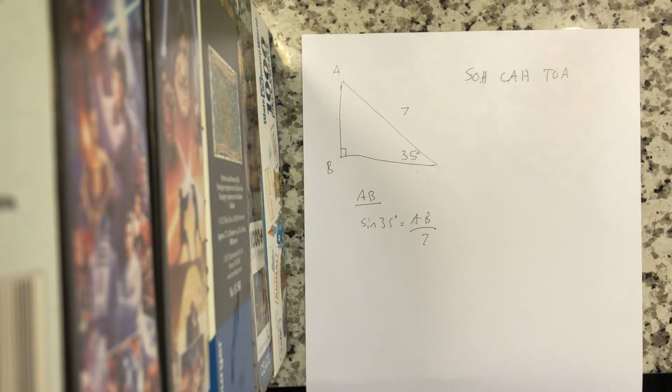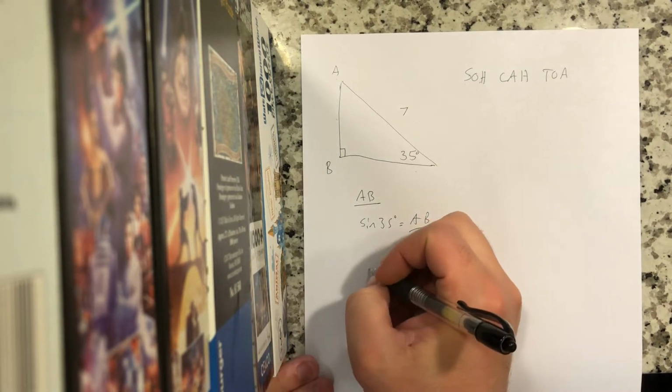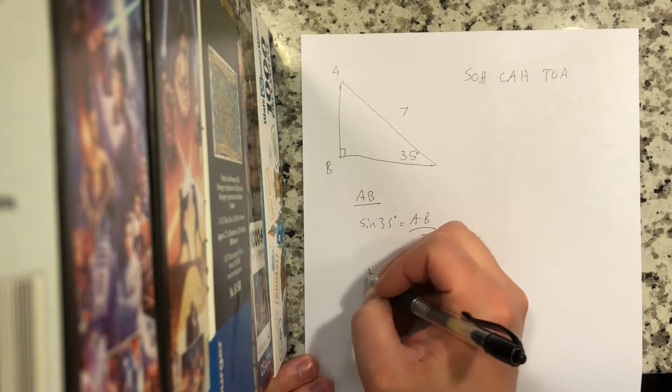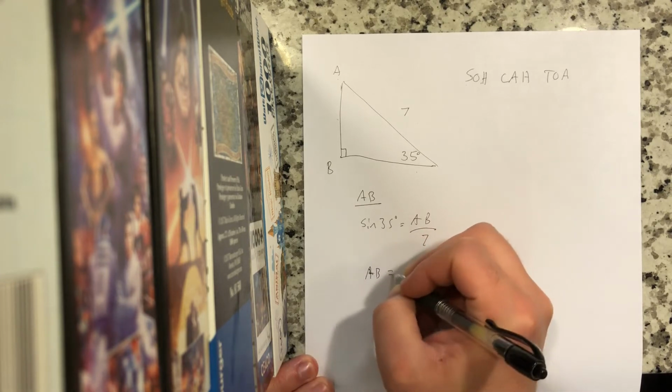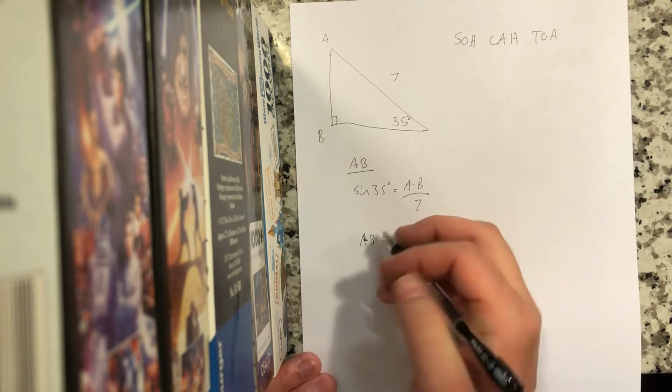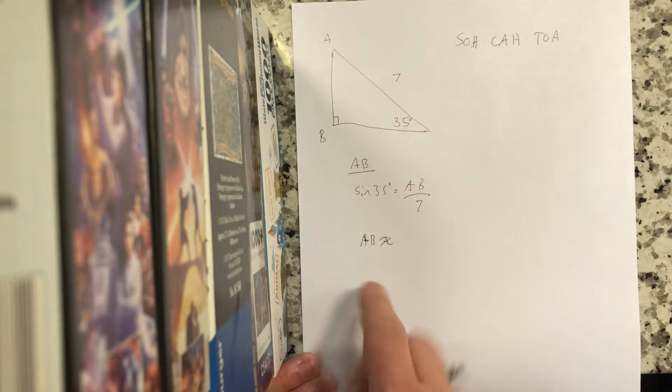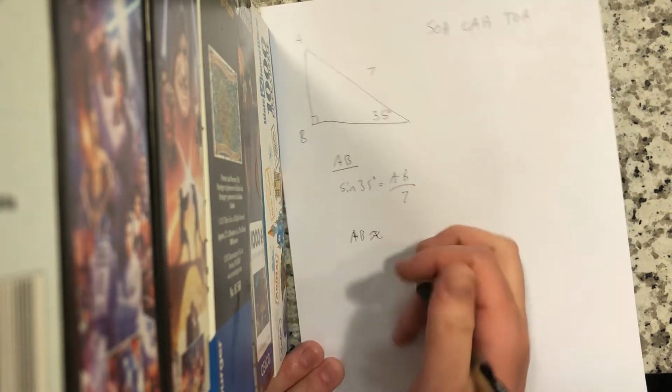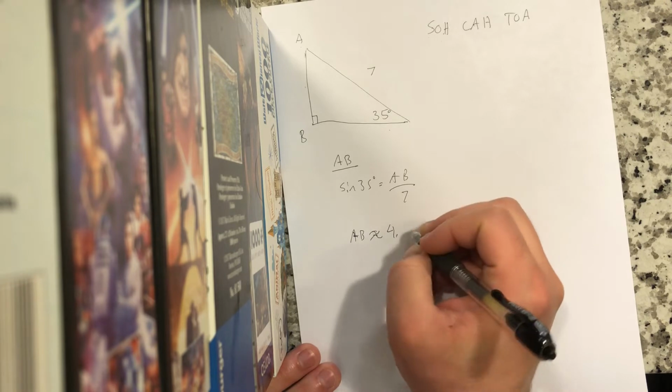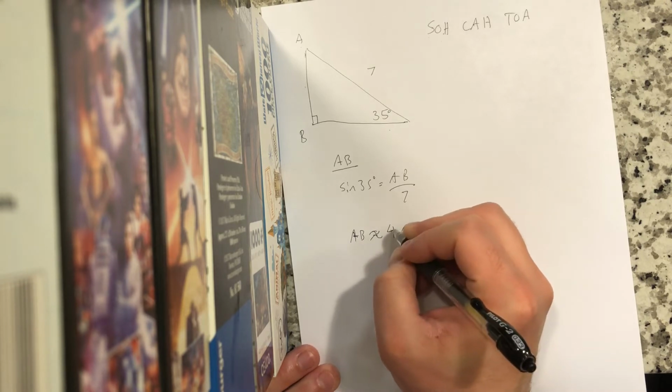And then you'll multiply by 7. Keep in mind, guys, we are not rounding along the way. We just want to round at the end. So it should be approximately, and remember that squiggly equals means approximately equal to, 4.02.